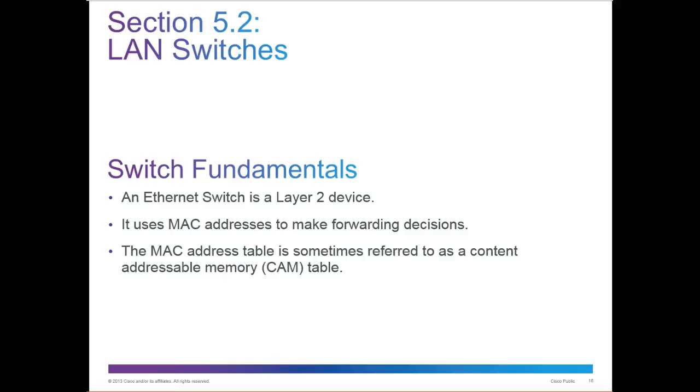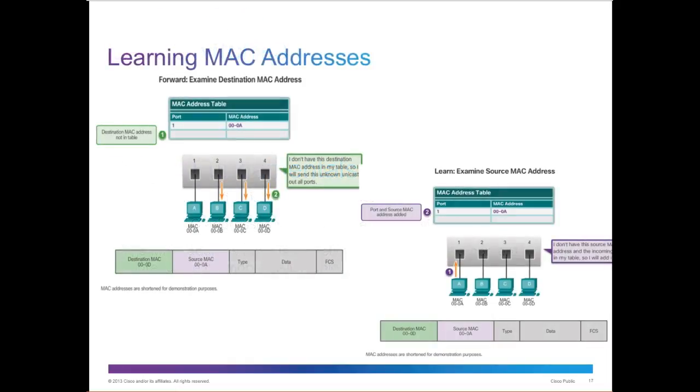Now, the MAC address table is a collection. As MAC addresses travel in and out the ports, the switch remembers where each of those addresses are and puts them in a special memory called a CAM table.